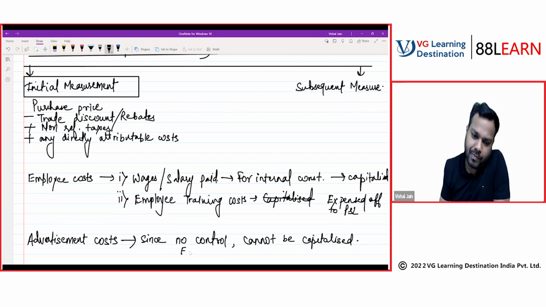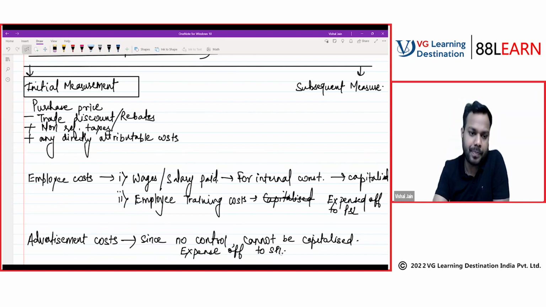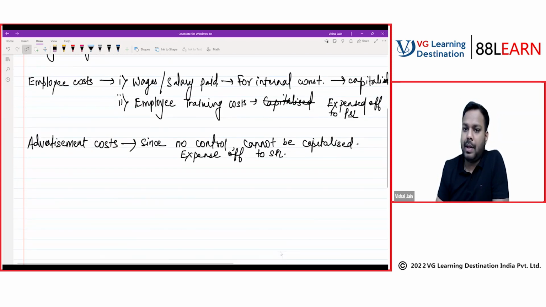Hence, expensed off to P&L. Is it clear, everyone? Now, third thing. P&L means profit and loss.